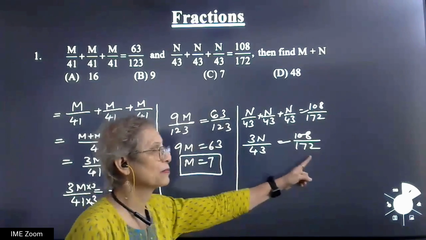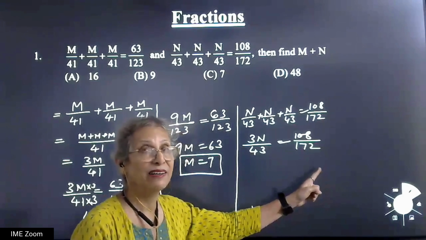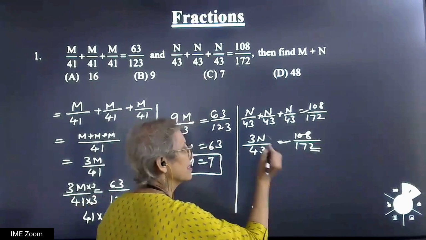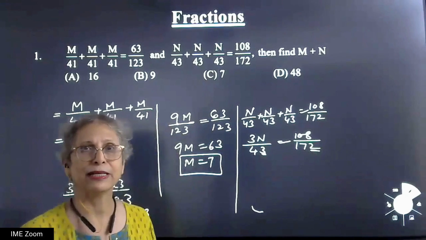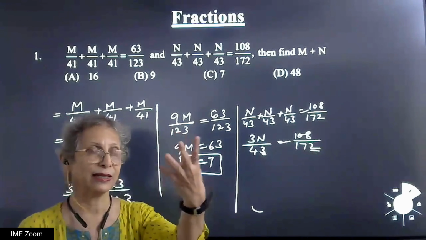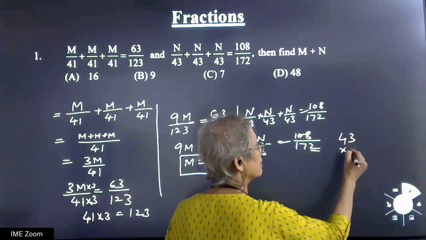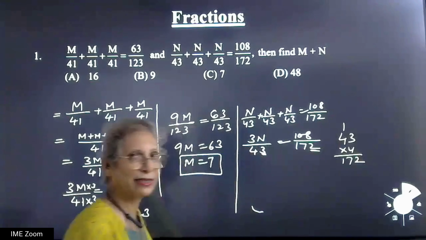Now look here again. By which number should we multiply to get 172? Here, 2 in the unit place. Try to recall the table of 3, which will give you 2 in the unit place. 3 4s are 12, right? So let us try 4. 43 into 4. 4 3s are 12, 4 4s are 16 plus 1, 17.